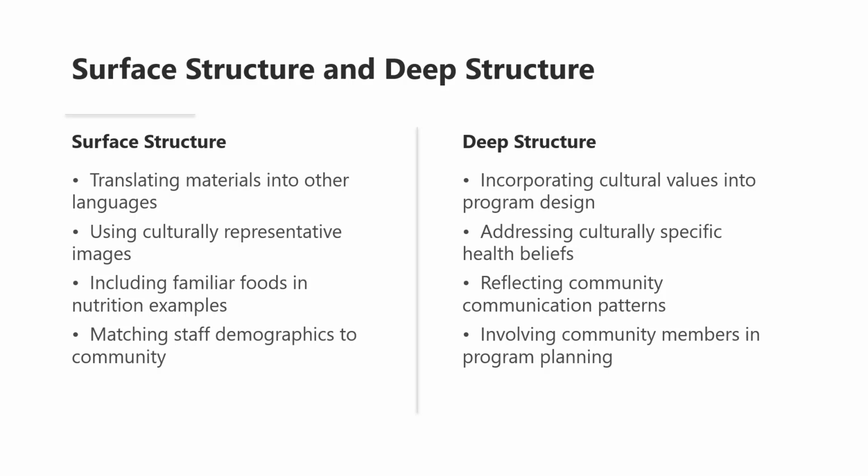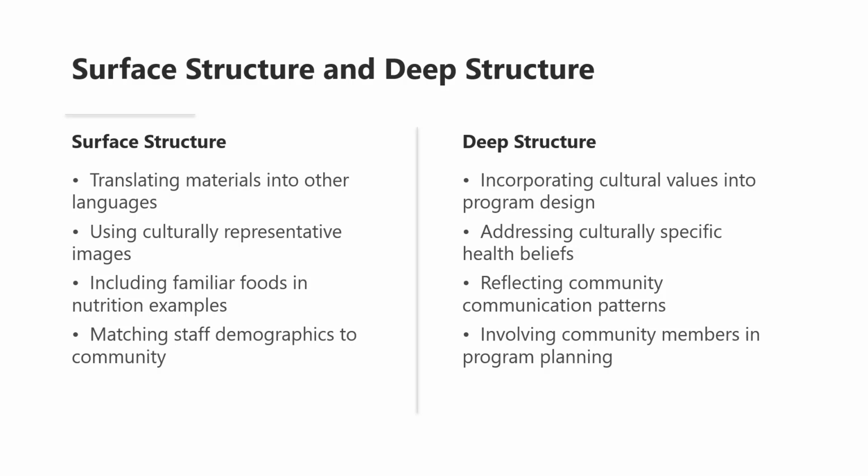It involves reflecting community communication patterns, such as the use of storytelling in cultures where oral tradition is valued over written text. Most importantly, deep structure adaptation involves engaging community members as active partners in program planning and design, not just as passive recipients.